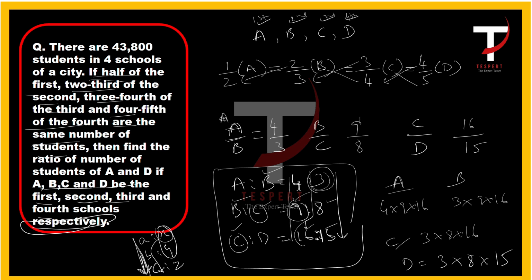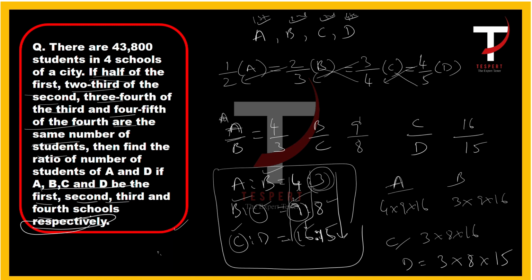To calculate C, we take these two values and this value. To calculate the value of D, we take all these values. For A, all the antecedents. For D, all the consequents. And for the remaining values, pick up one value from here and the remaining from there.